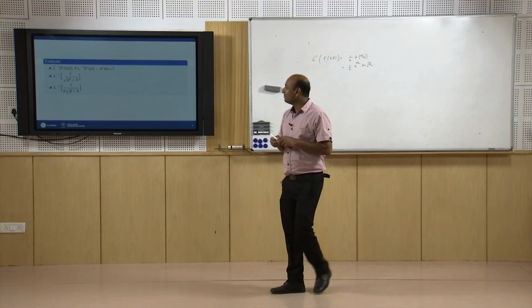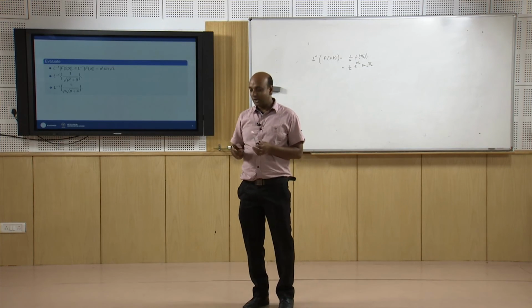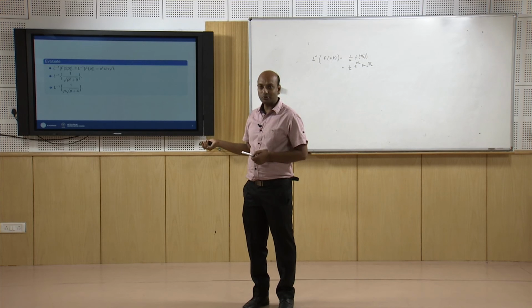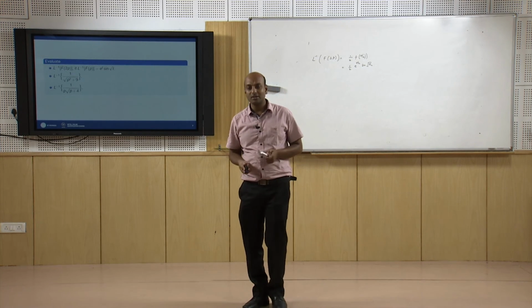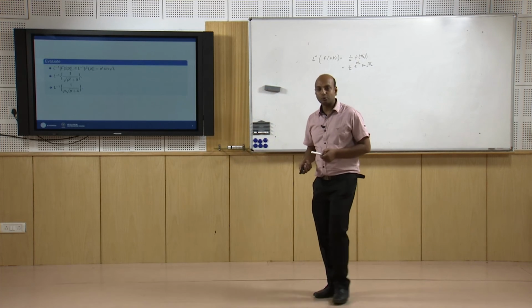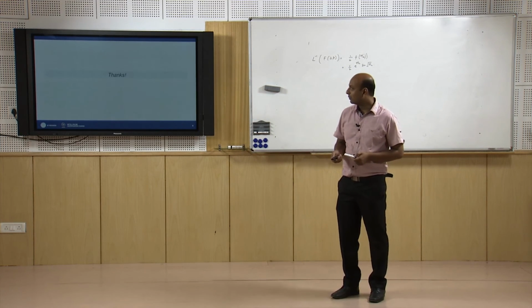So using the same property we can solve the other two problems also. It is very easy: you take 9 common or 4 common, and then you can use the scaling property to solve these two problems also. So thank you very much.